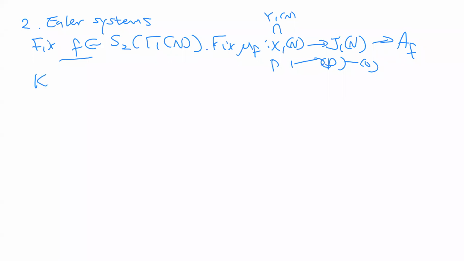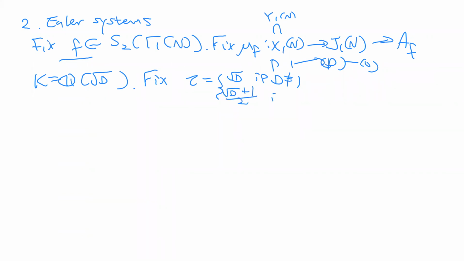Let's say K is the usual Q of root D, the square root of D, where D is a negative square-free integer. And we'll fix a number tau. The tau will be root D if D is not congruent to 1 mod 4, and root D plus 1 over 2 if D is congruent to 1 mod 4, the usual stuff.